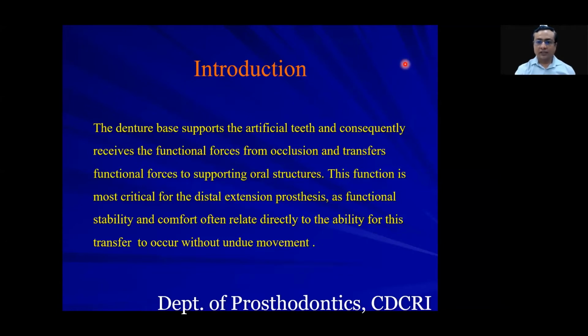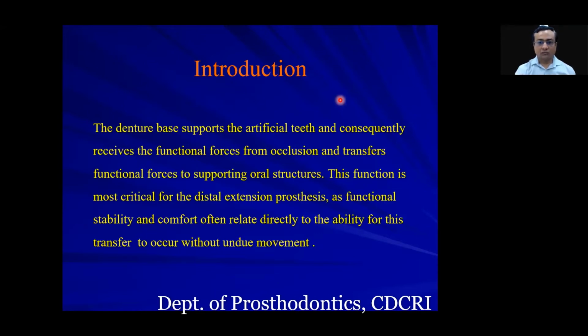In natural dentition, what happens? Whatever the occlusal forces are acting on the natural teeth are transferred to the alveolar bone through the periodontal ligament. Now, the same function in the removable partial denture is performed by the denture base.